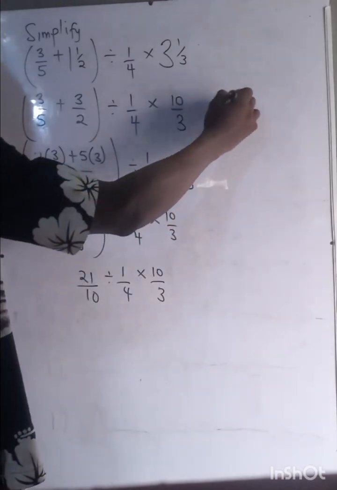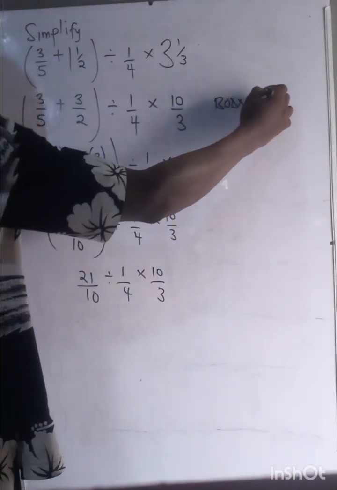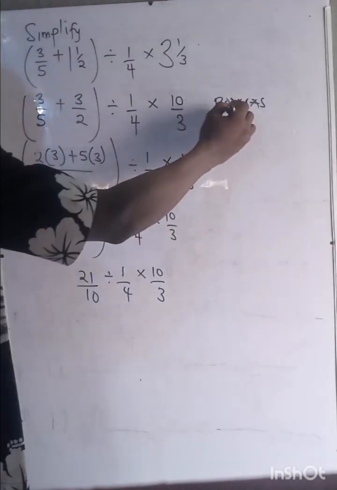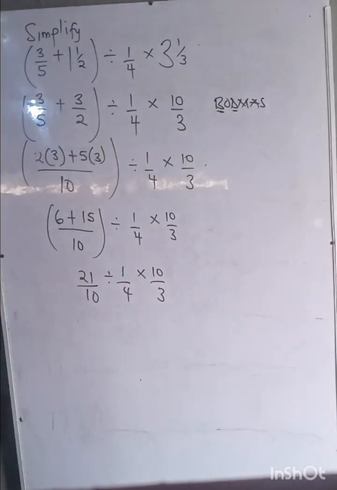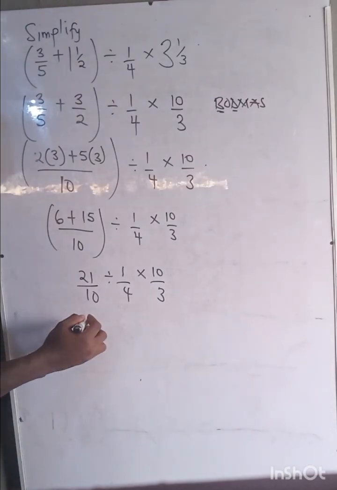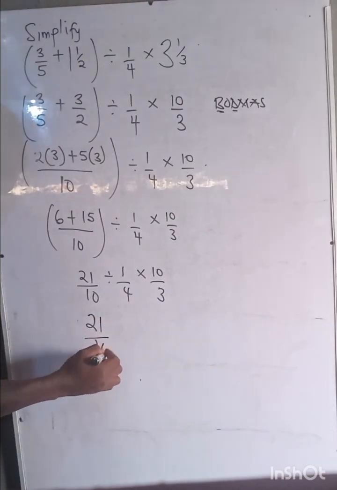According to the order, once we are done with the bracket, which simplifies to 21 on 10, the next thing is of, but in this expression we don't have of, so we move to division. 21 out of 10 is being divided by 1 out of 4.